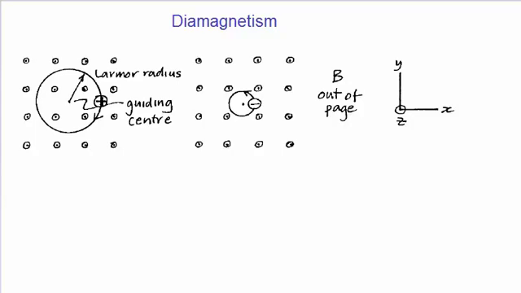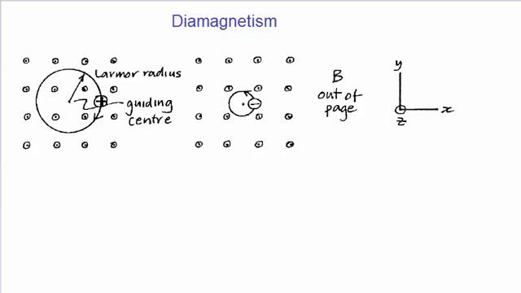Now, the circulating charges constitute an electrical current. Again, use another rule to work out the magnetic field generated by a circulating current. Hopefully you would have found that the magnetic field generated by the positive charge is into the page, and the magnetic field generated by the negative charge is, again, into the page.